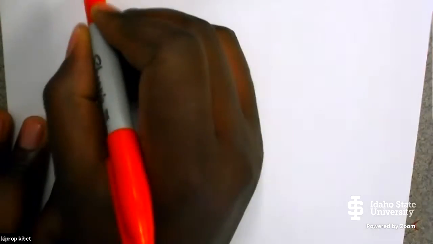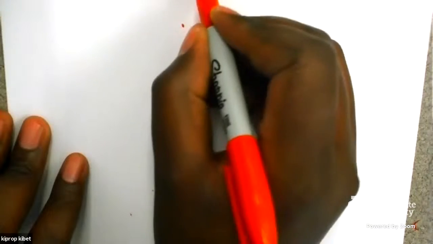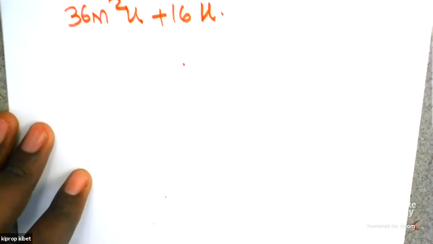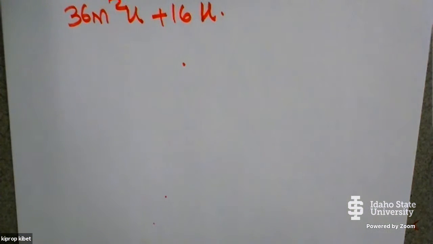So you have another one, let's say 36m square u plus 16u. 36m square u plus 16u. Factorize this.